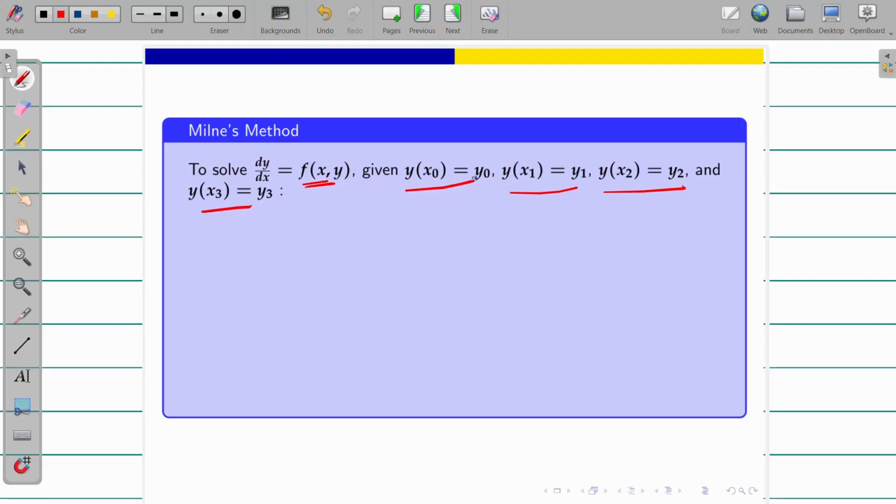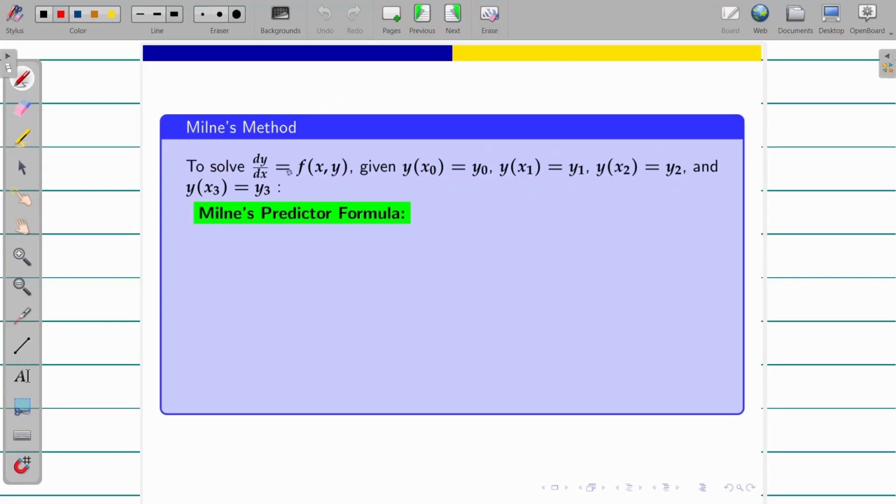As I told you already, four consecutive values should be known. 1, 2, 3, 4. Four values will be there in the question itself. So they should be known to apply Milne's predictor or corrector method.